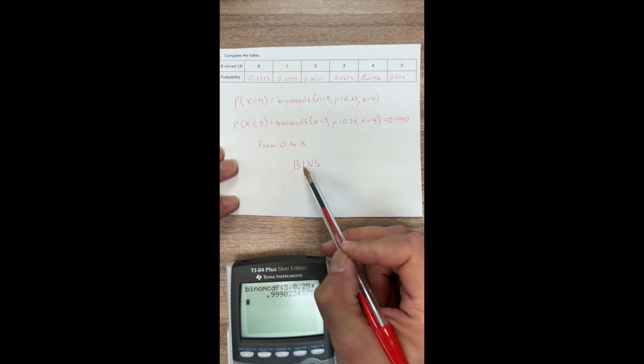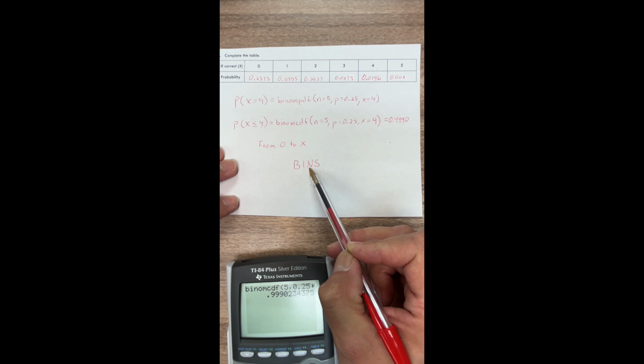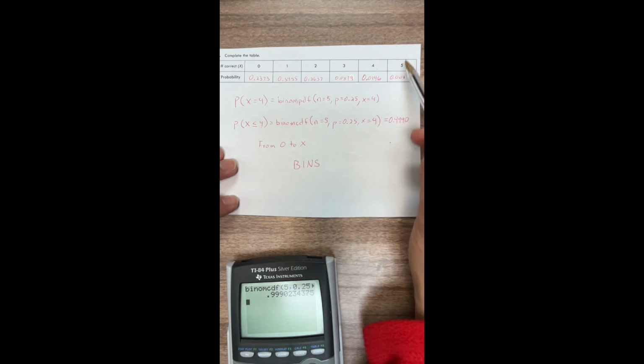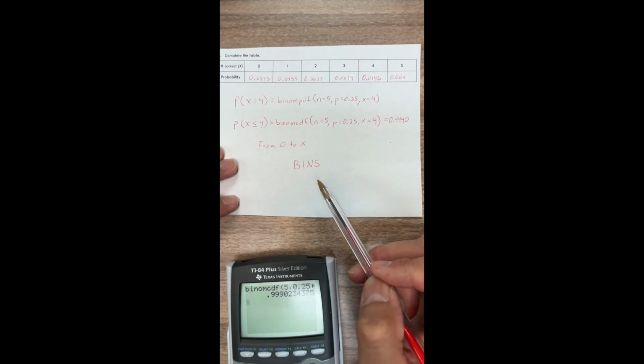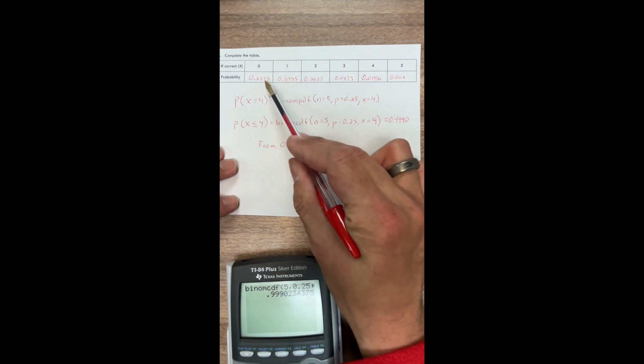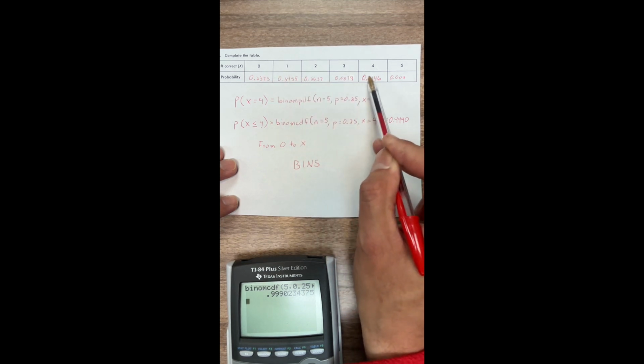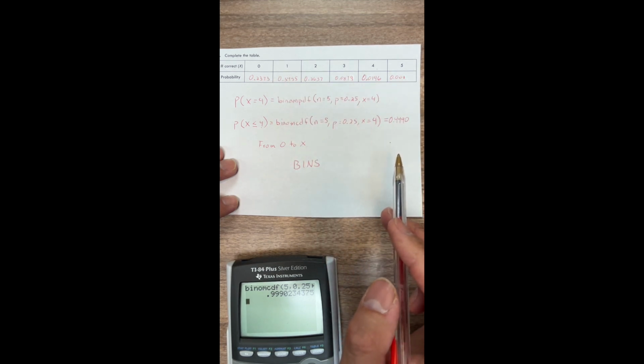Every trial must be independent, so one doesn't affect the other. The number of trials has to be fixed, so it has to stop somewhere. In this one, the number of questions stops at 5. And you must have the same probability of success for all the trials.